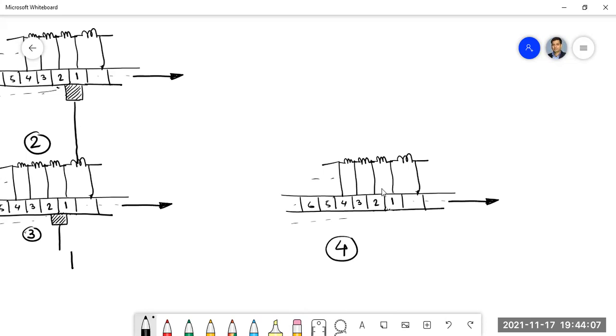Most of the brush will be on commutator segment number 2. Yes, sir, commutator segment, not conductor segment.